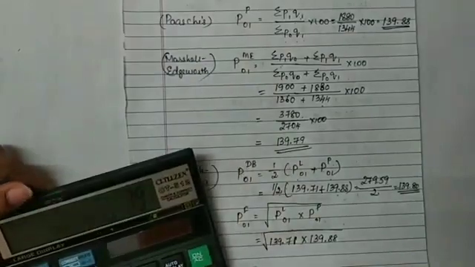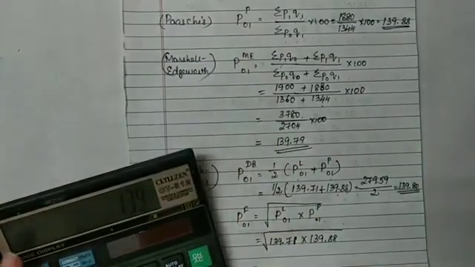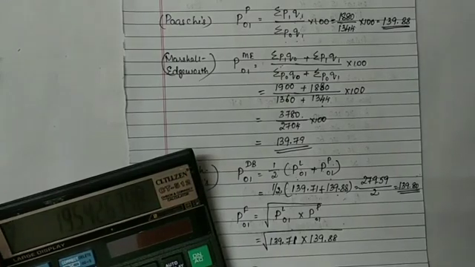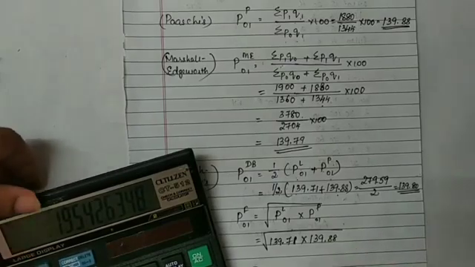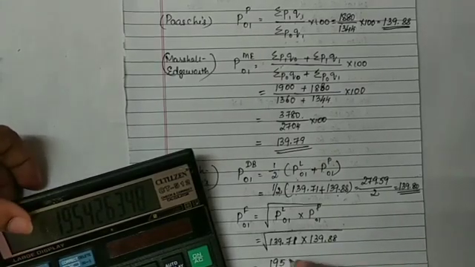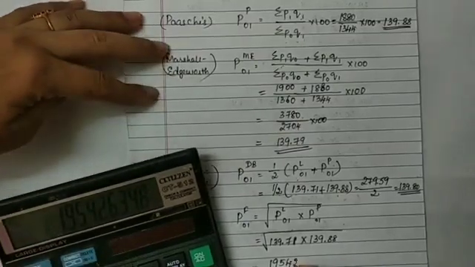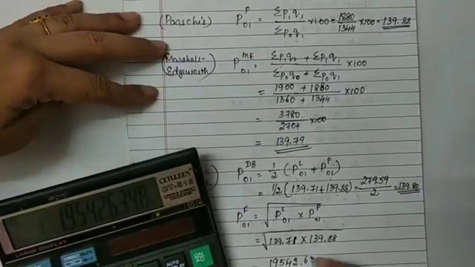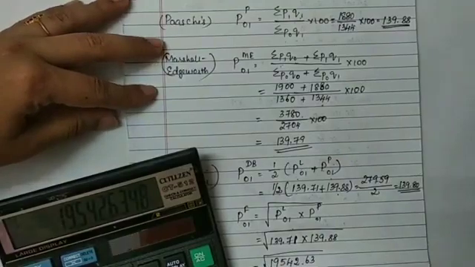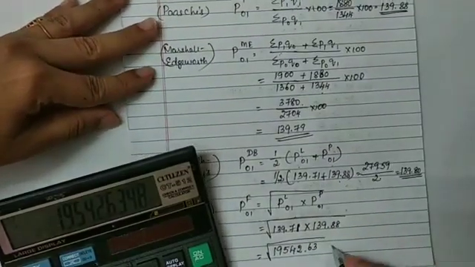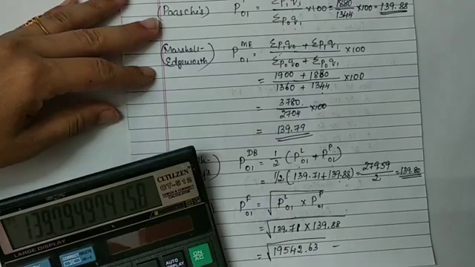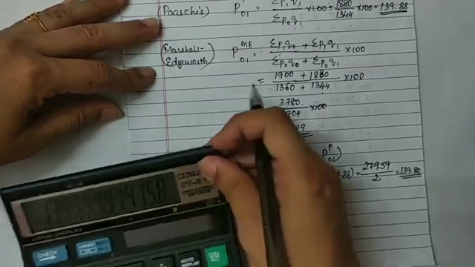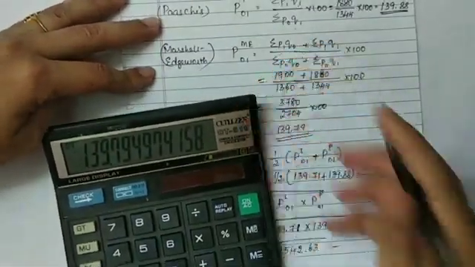So 139.71 into 139.88, and its square root is 139.79.